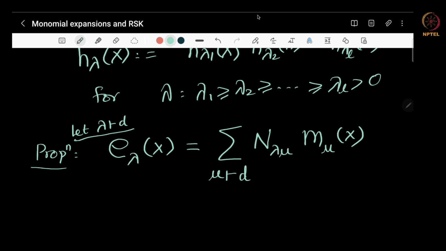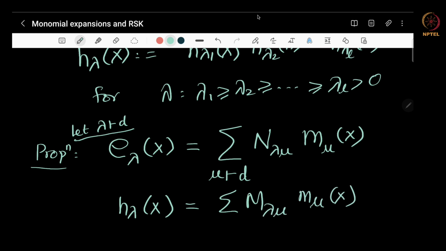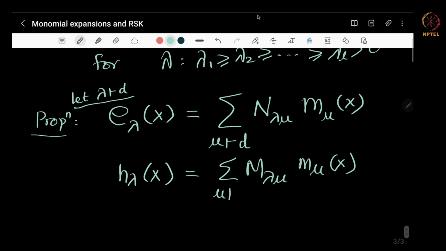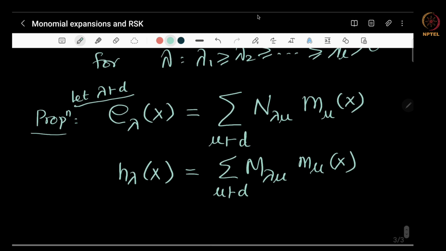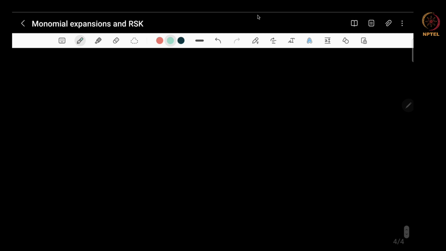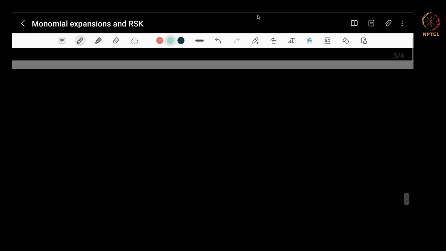Well, it is equal to n lambda mu m mu of x, and H lambda of x is m lambda mu m mu of x, with mu running over partitions of d, where the m's and n's are the sorts of things which appear in the RSK correspondence.